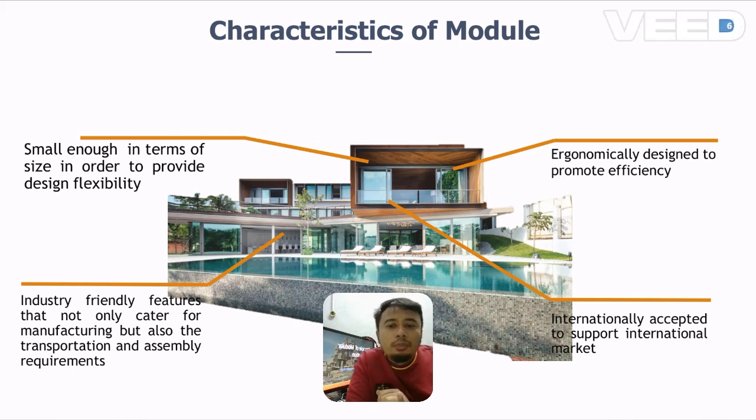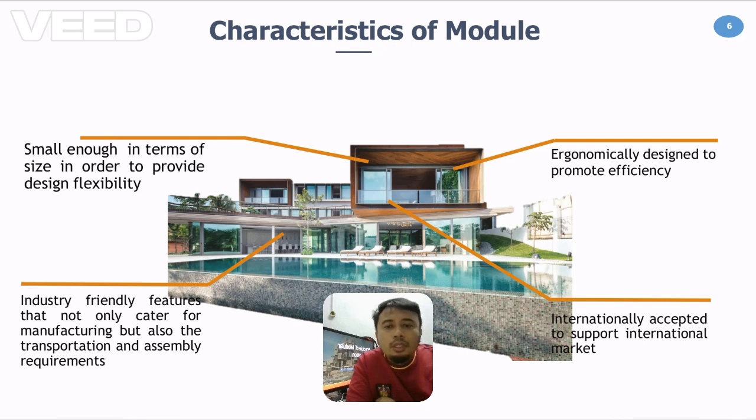So the sizing 100 mm is very small, about 4 inches, so you can have the increment. For example, you have a beam with a width of 300 mm, so you can have a 3M. It's easier to specify, and your design can also have, for example, 350, so it's a 3.5M. So there's flexibility for the designer to specify their sizing for their components: beams, doors, windows, and so on.